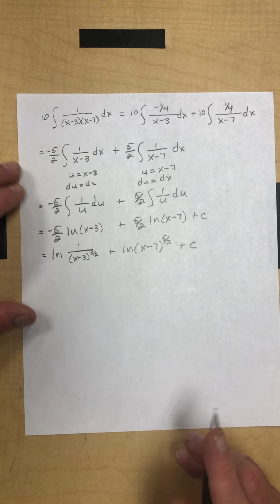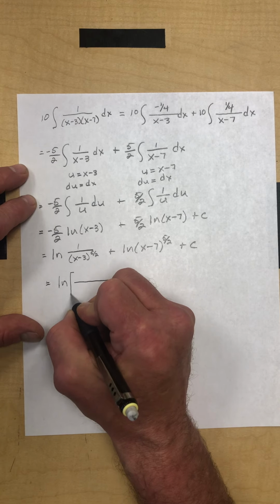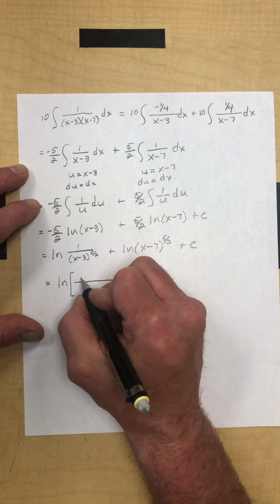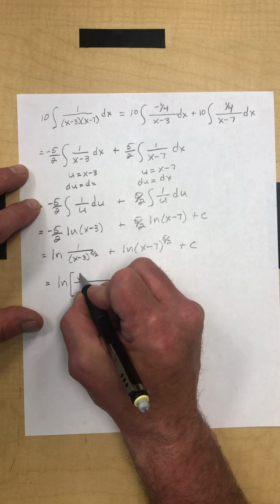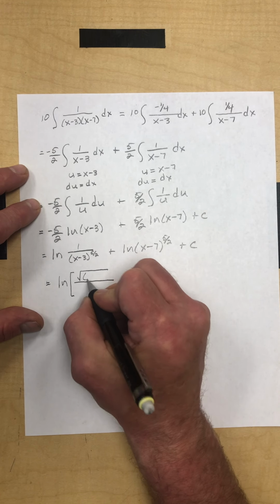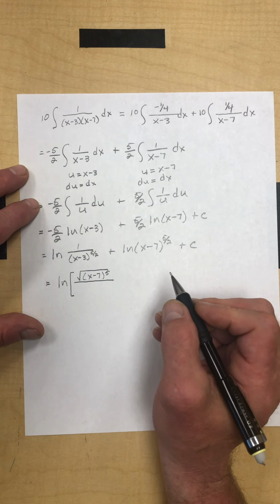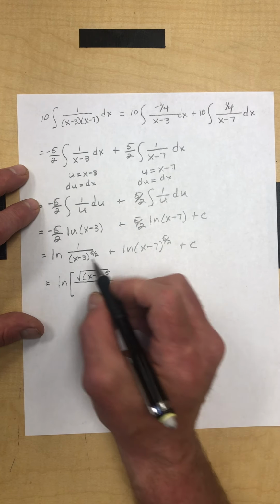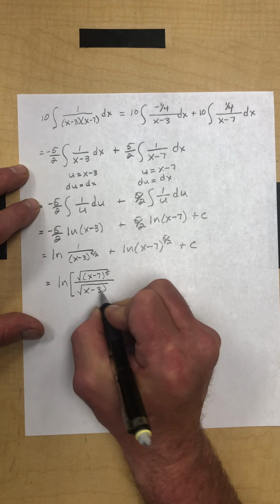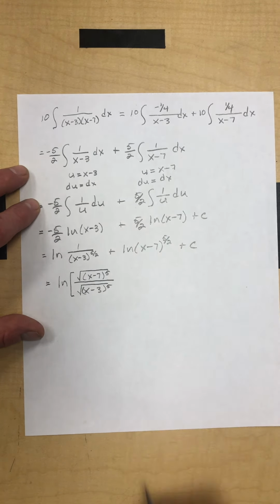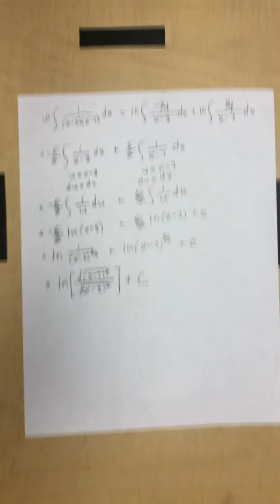Using my product rule, this gives me the natural log of the square root of x minus 7 to the 5th power, which obviously isn't in simplest radical form, up above, and this guy would go down below, the square root of x minus 3 to the 5th power, plus c. So we've condensed it.